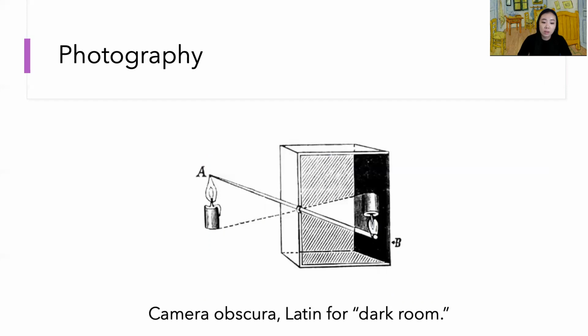Alhazen's works circulated in translation in Europe, where early scientists continued his investigations into the behavior of light.